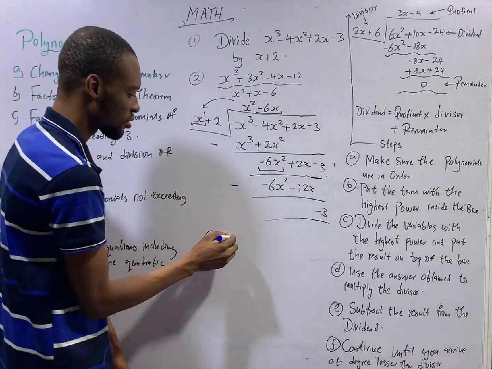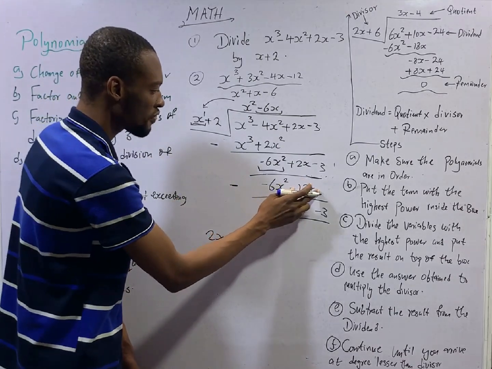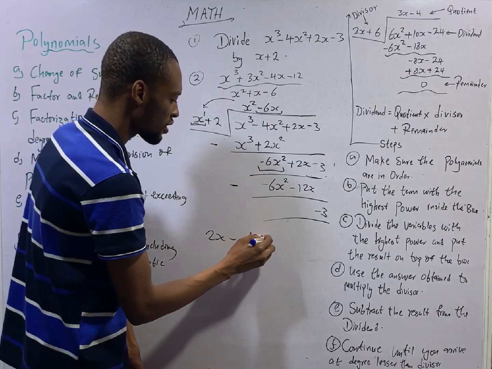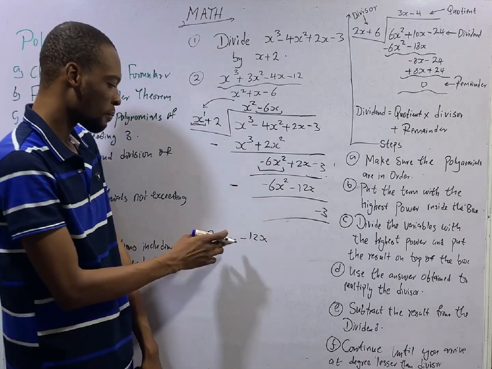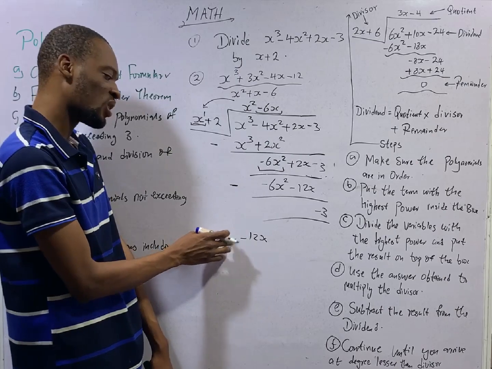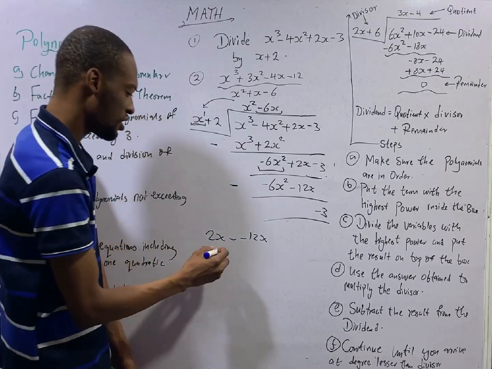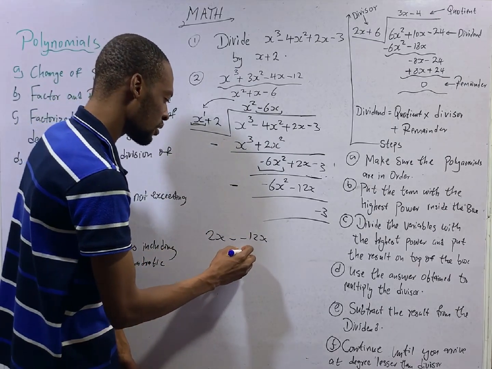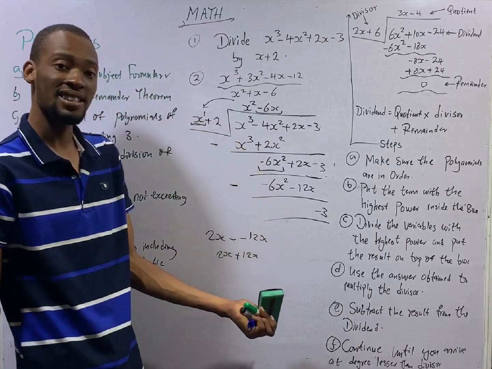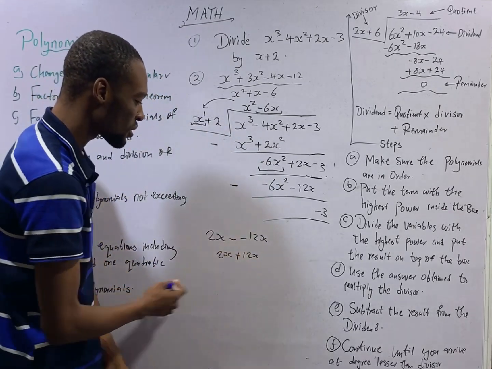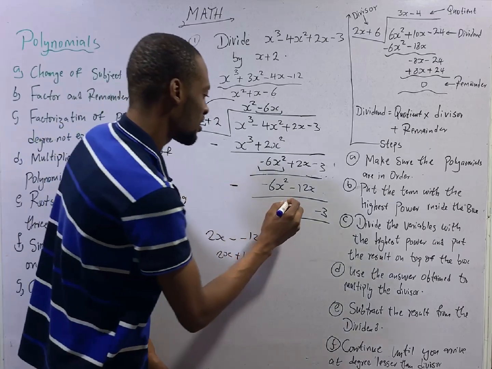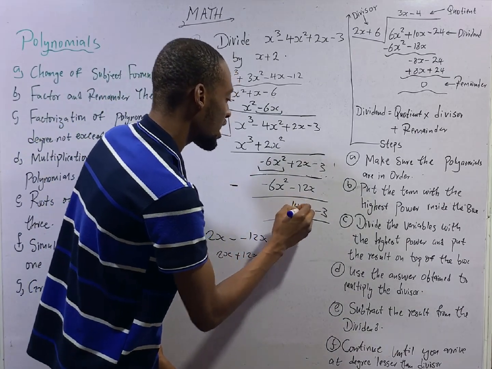2s minus minus 12s. This leaves us with minus minus. Minus times minus is plus. This is 2s plus 12s, which is 14s.